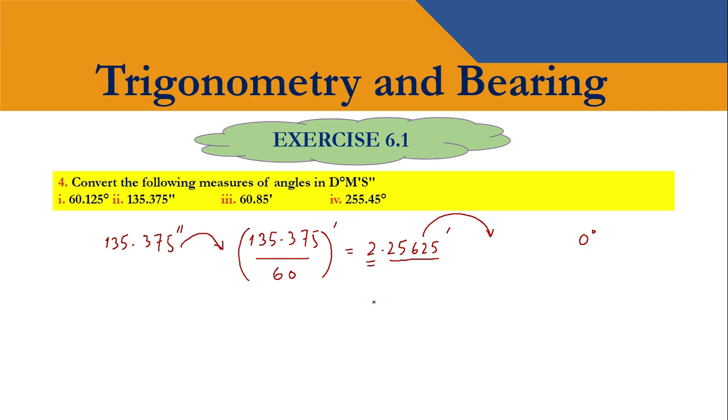So now our answer will be 0 degree plus 2 minutes plus 0.25625 minutes, and we multiply it by 60 to get our answer in the seconds: 15 seconds approximately.